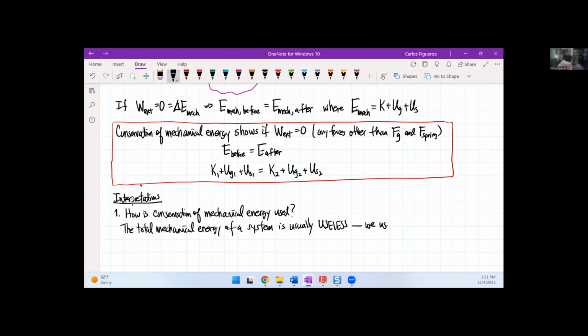We use it to understand how energy behaves and transforms.